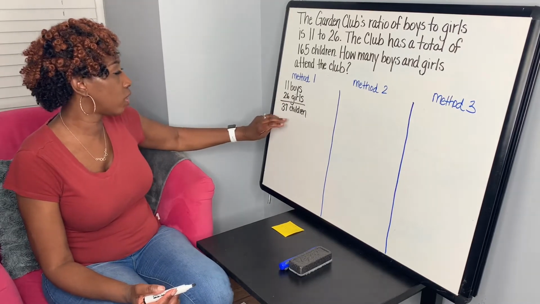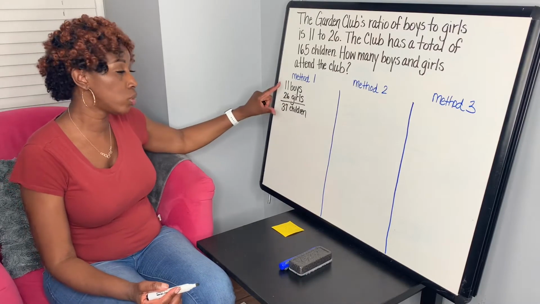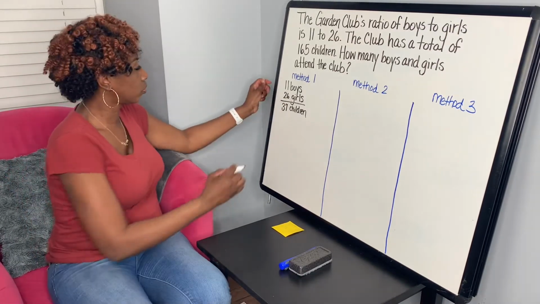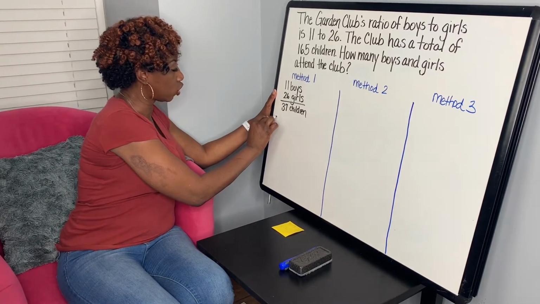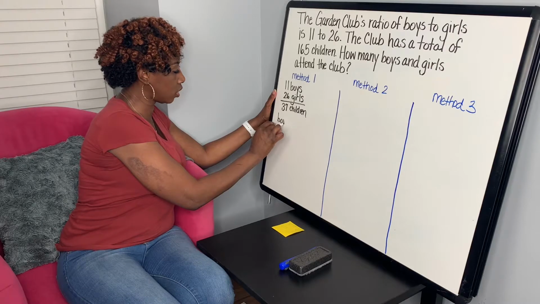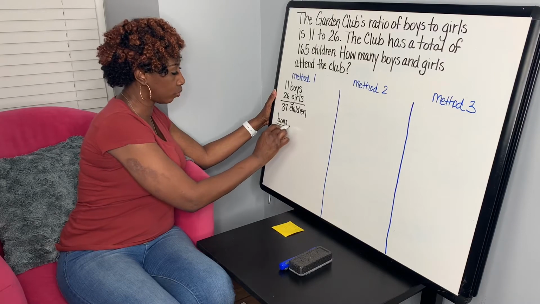So let's see how we can find out the number of boys and the number of girls by using a proportion. Let's set up a ratio, starting with boys to total, and by total I mean total children.